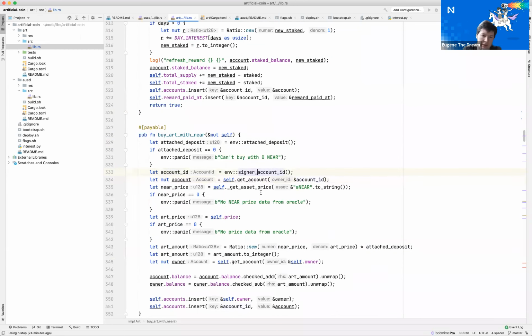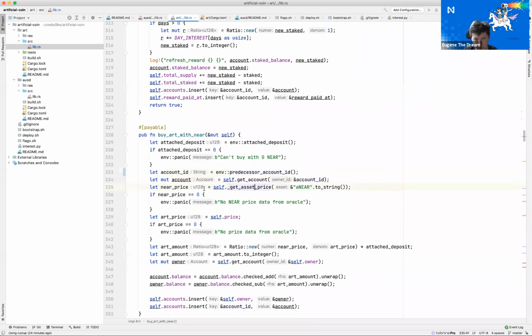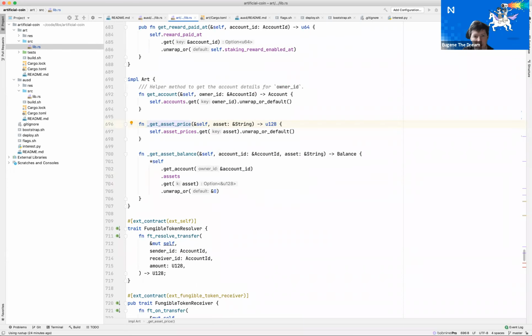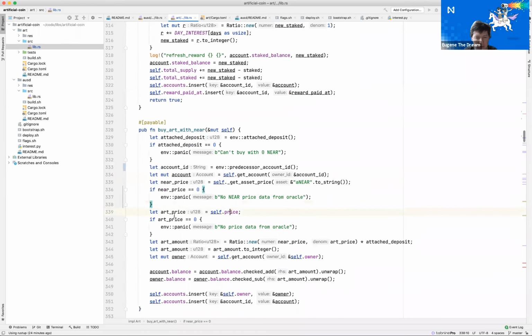Again, you want to use predecessor here. You get the asset price of near. On default, it will be 0. So if no price, then we cannot buy. We get the price of art.